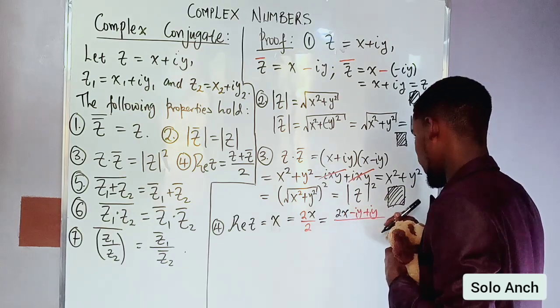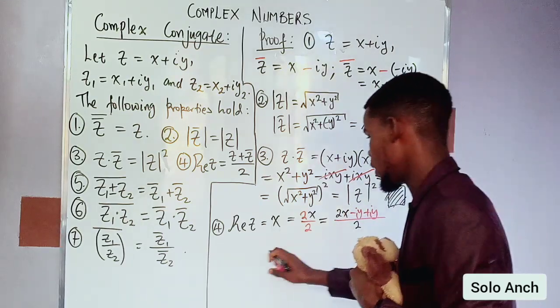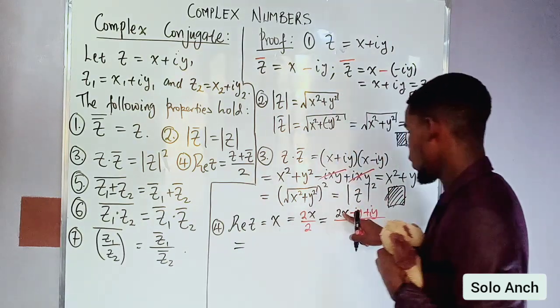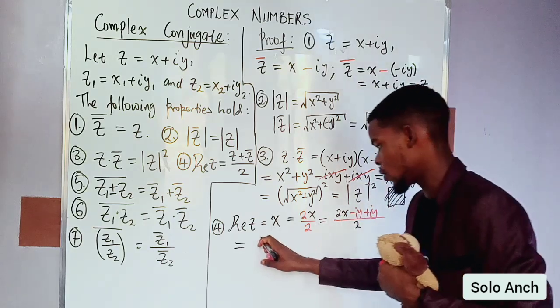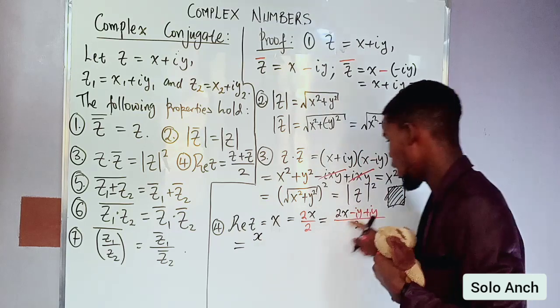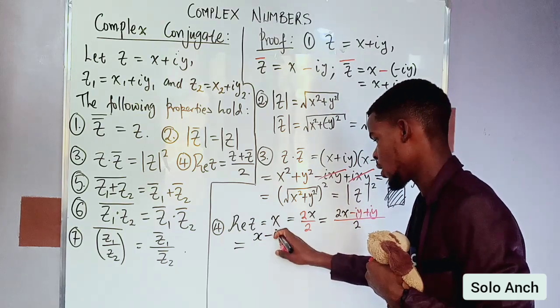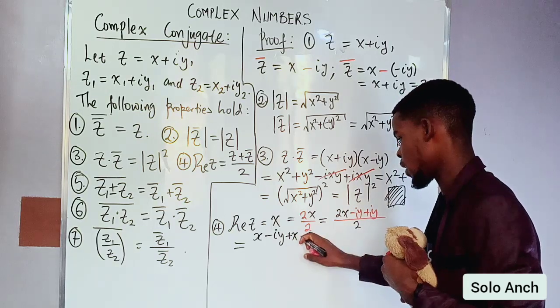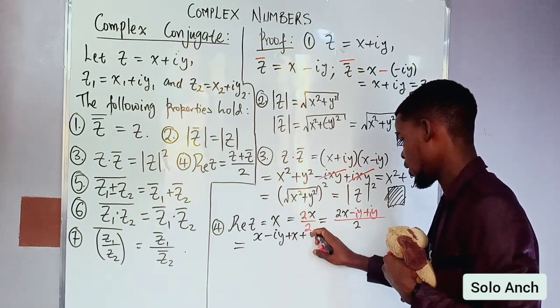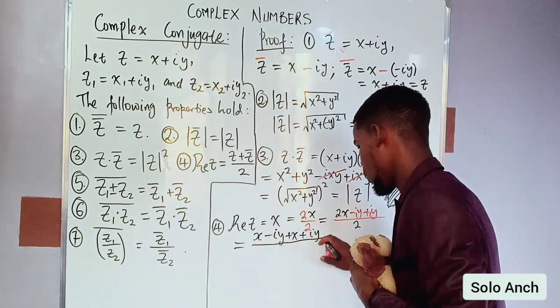Okay, so we still have divided by 2 here. Well, let me split this into 2. 2x can be written as x plus x, right? So I'm going to take the first x, I'm going to take minus iy. Then I'm going to take the second x, that's plus x. Then I'm going to take the plus iy. Then we divide this by 2.